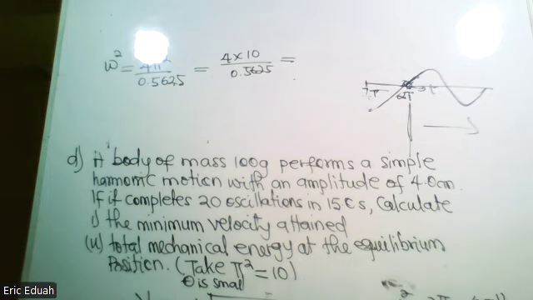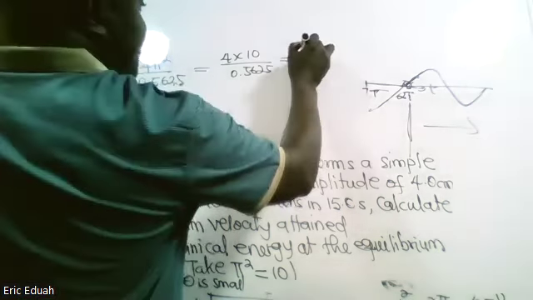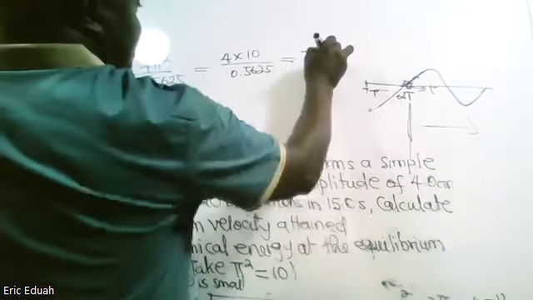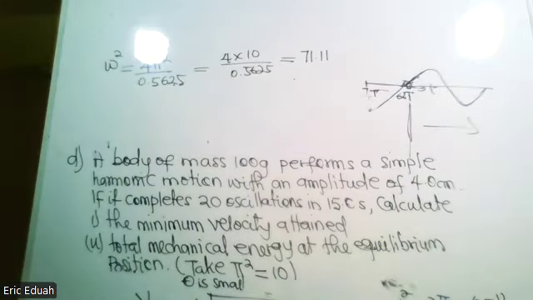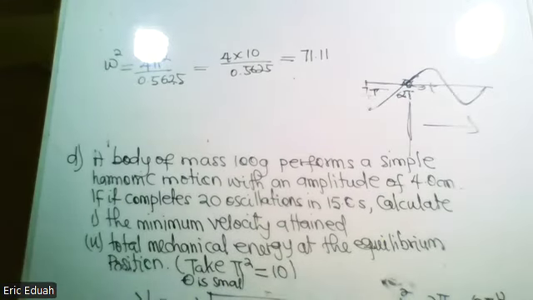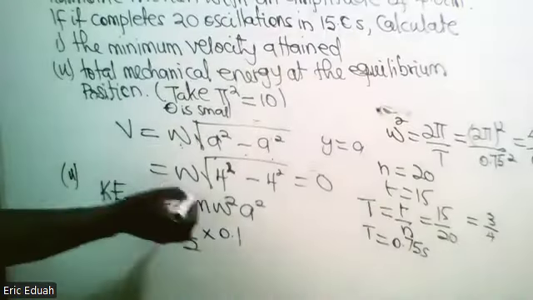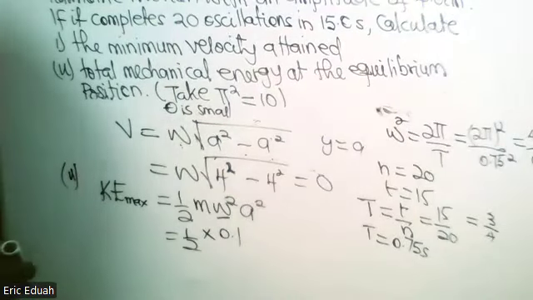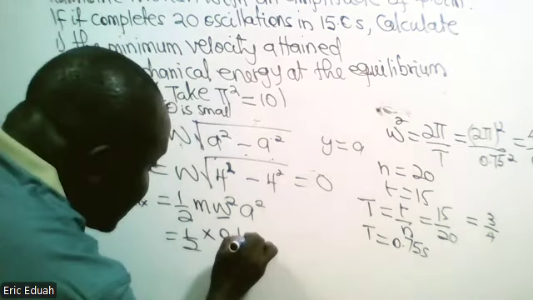So 40 divided by 0.5625. This is giving us 71.11 radian per second squared.